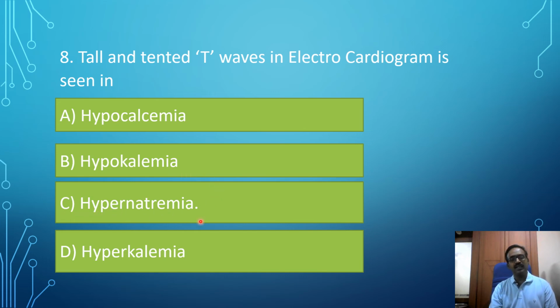Option C, hypernatremia. In hypernatremia we cannot see significant electrocardiogram changes. So this is not the answer. Option D, hyperkalemia. In hyperkalemia we can see tall peaked tented T waves. So this is the correct answer. So hyperkalemia is the correct answer.